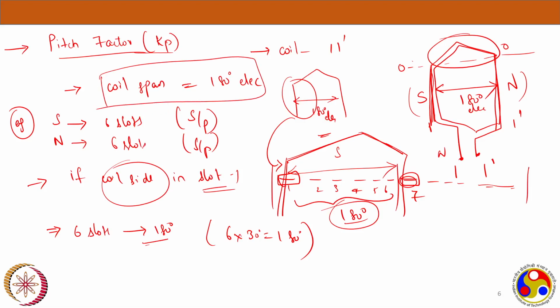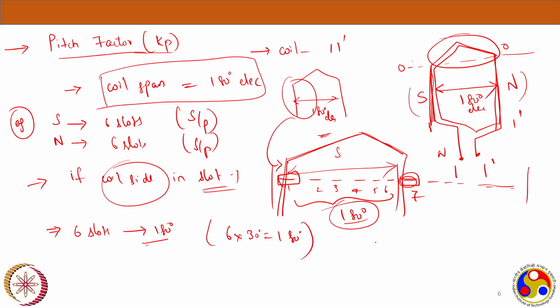Now comes the main discussion. What if I place a coil not in the 7th slot, but in the 6th slot itself? I am not placing it completely in the 7th slot, I am placing it one slot before.